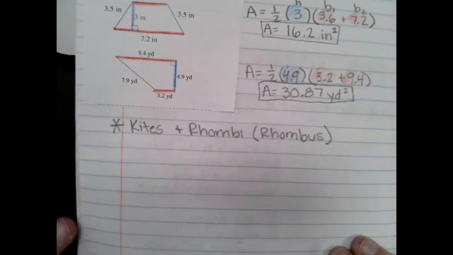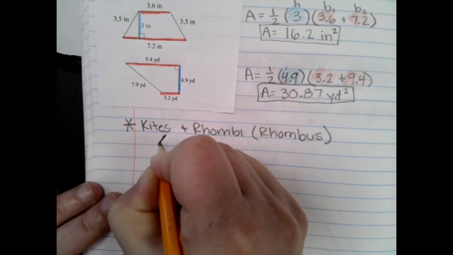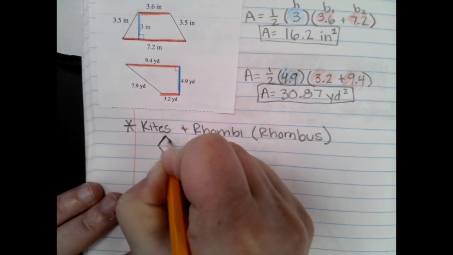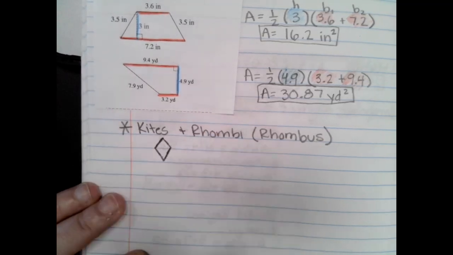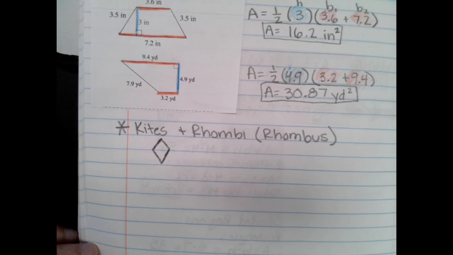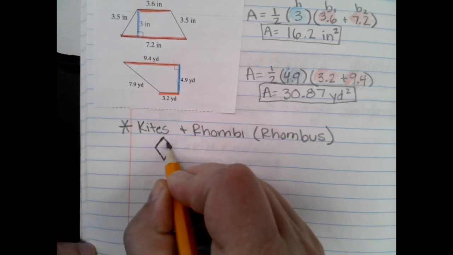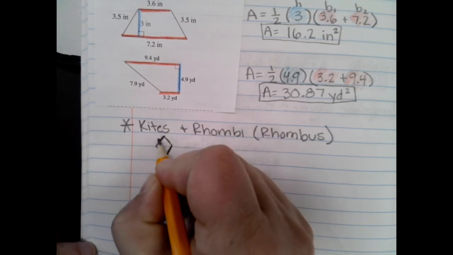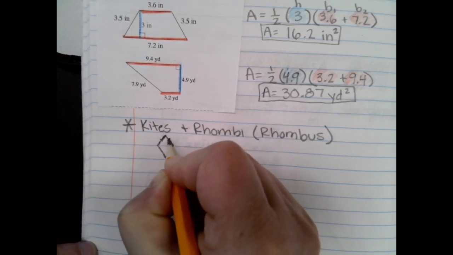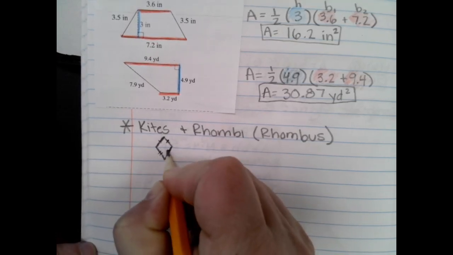All right, so remember a kite looks kind of like the kite that you fly in the sky. We did this way back in chapter 6. Okay, flying kites is one of my favorite activities. With kites, these two sides, the sides touching each other, are congruent. So these smaller sides are congruent to each other, and these longer sides are congruent to each other.